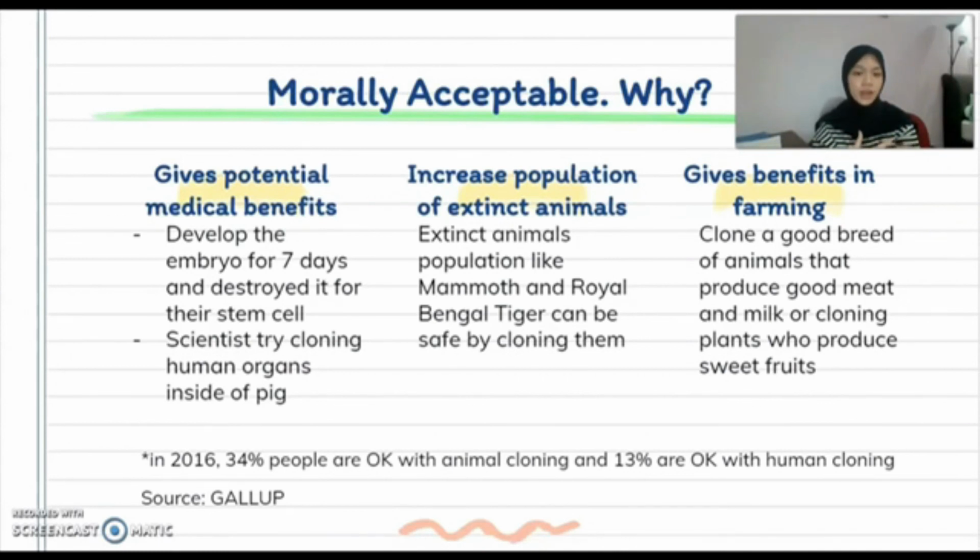Bila kita clone that kind of breed, it can give benefit for us lah, macam kita akan dapat daging lebih, kita akan dapat haiwan yang keluarkan susu yang banyak, and kita boleh tanam pokok yang keluarkan buah yang banyak, because we take the genetics of that thing, kita copy 100% and then kita buat semula, so dapat bagi benefit to us lah. Because of that, it is morally acceptable towards some people.